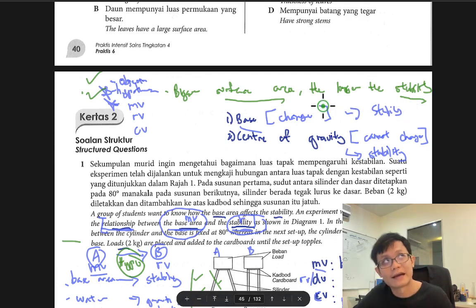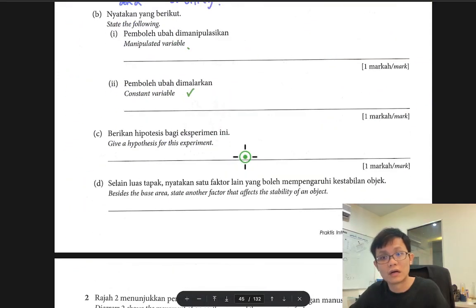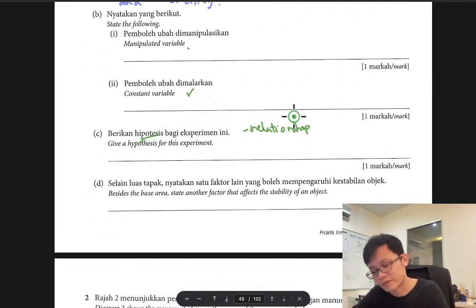Or you can write, like one of the students said, that a bigger surface area is more stable as compared to a smaller surface area. Anything goes, because this is a science subject, it's not English. As long as the hypothesis shows a relationship of something to something, like a correlation, we call it.